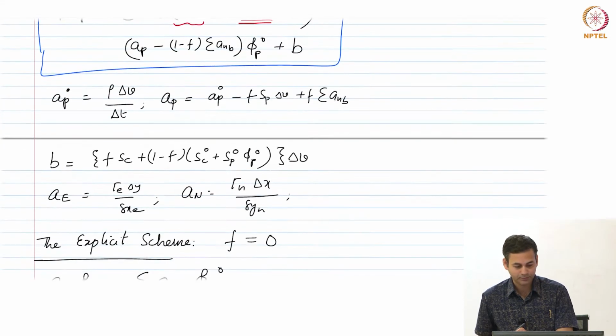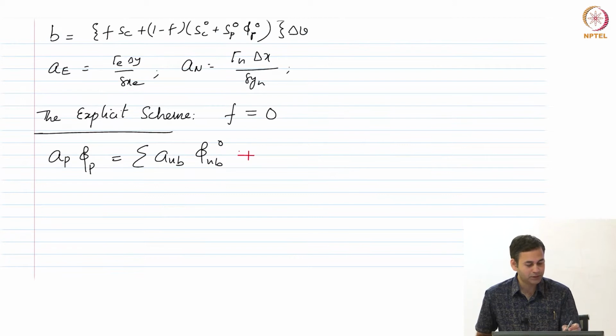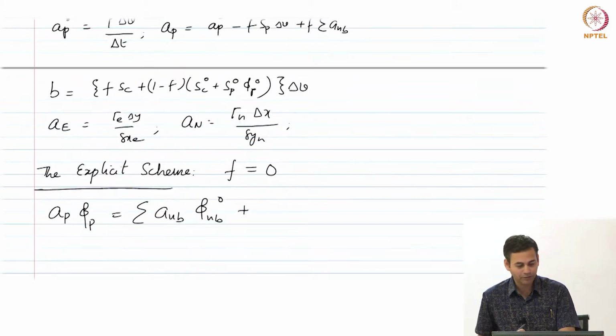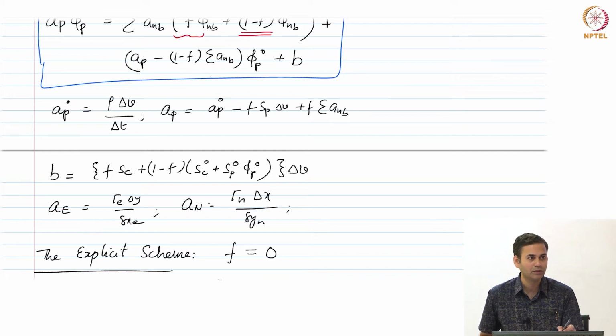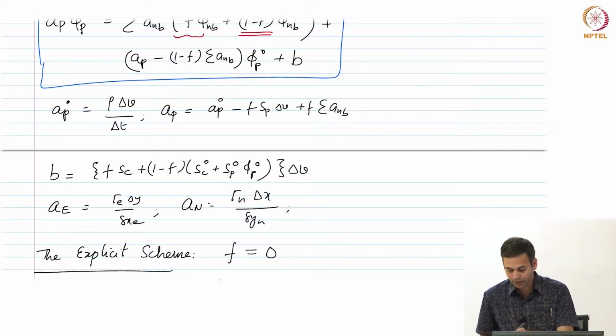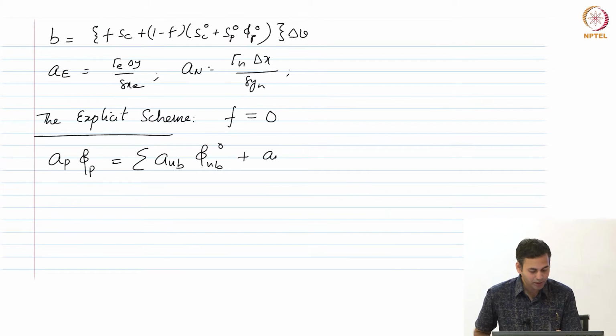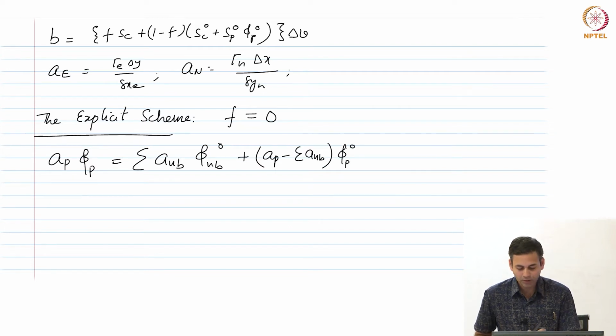Plus, F equals 0, AP minus sigma A and B, would that term be there or not? It will be there, right. So, that will be plus AP minus sigma A and B times Vp 0 plus some B, right.